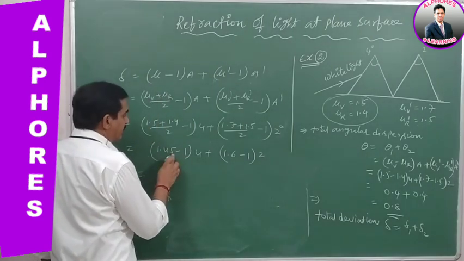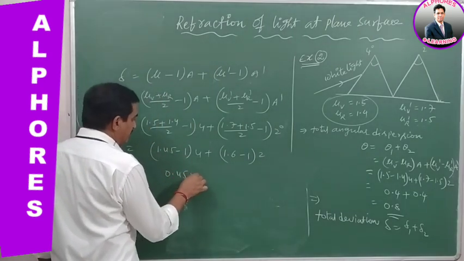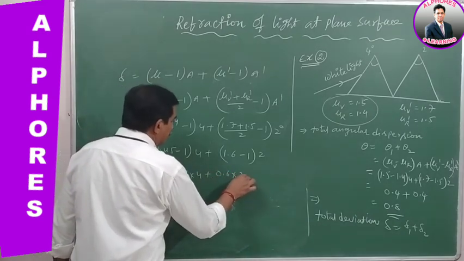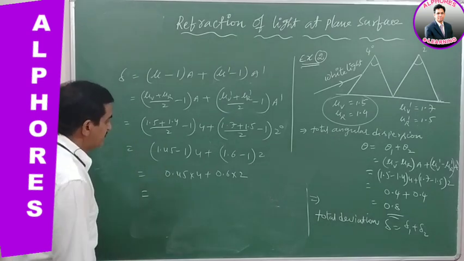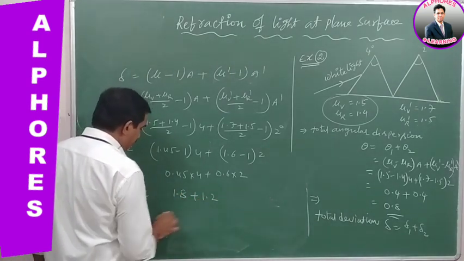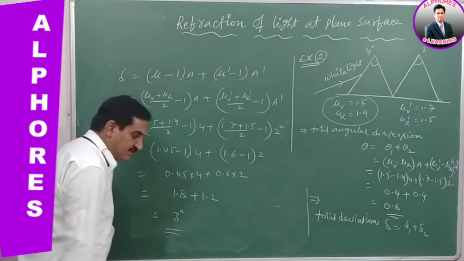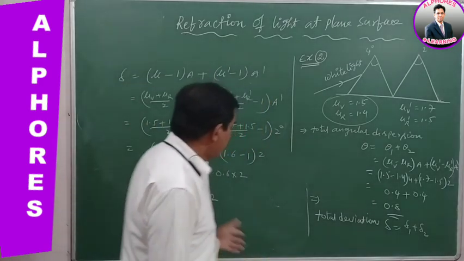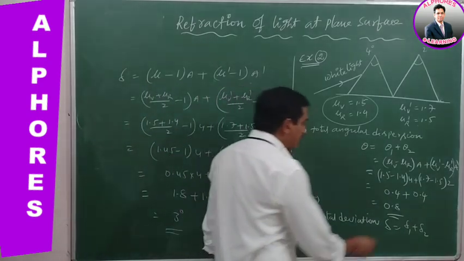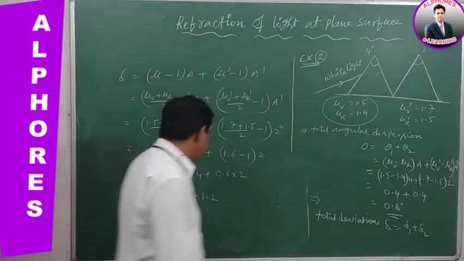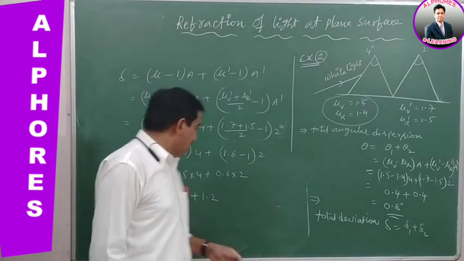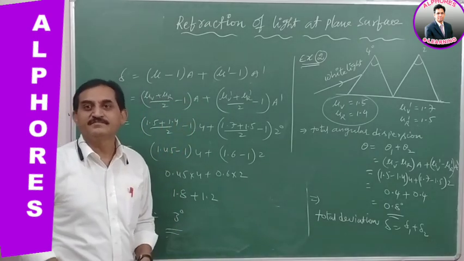This is 0.45 into 4 plus 0.6 into 2. So it is roughly giving 1.8 plus 1.2, which gives us 3 degree. This is the total deviation suffered by the light. This is the angular dispersion 0.8, and this is the total deviation suffered by the two prisms, that is 3 degree.